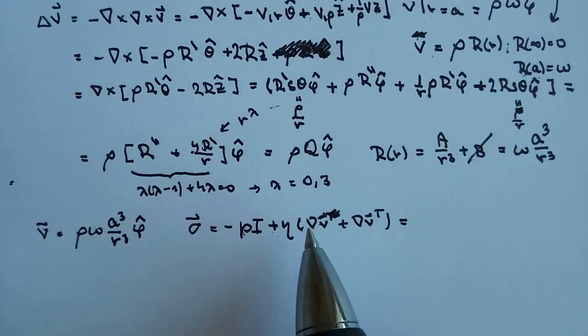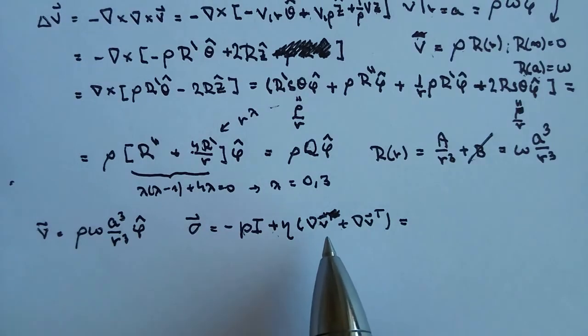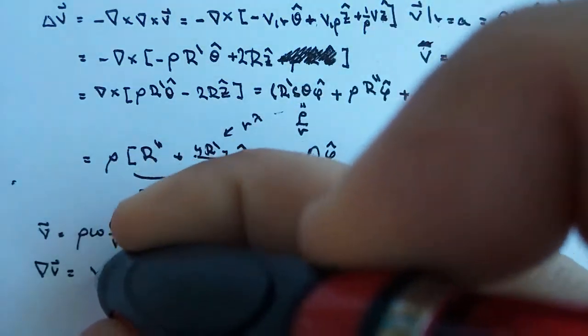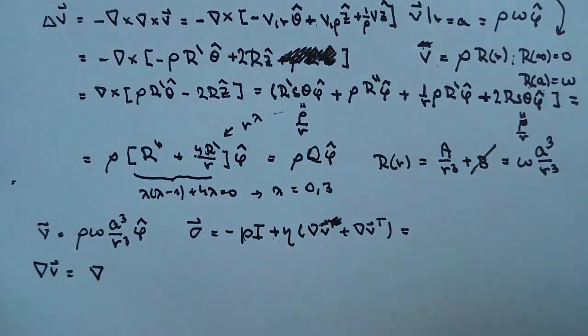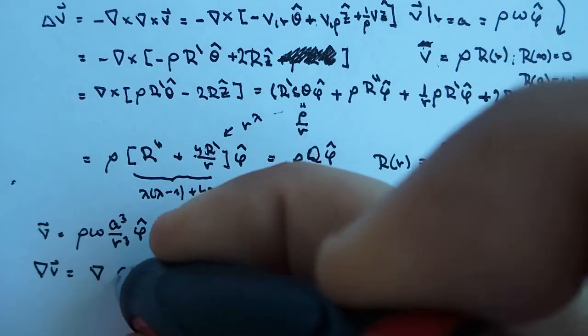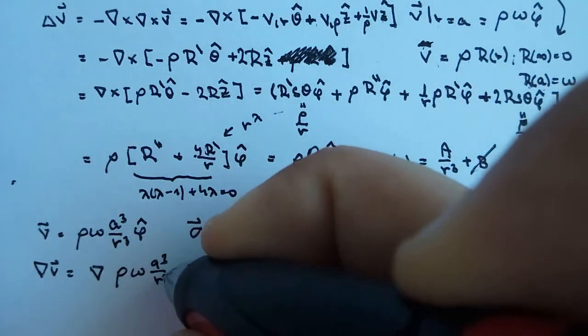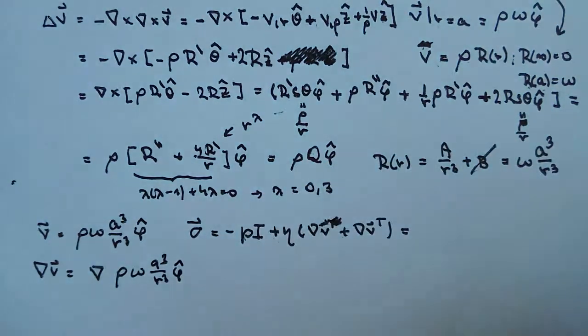So we have to compute the gradient of V. Let me do this. It's simple. It's the gradient of this function: rho omega a cubed over r cubed phi hat. This is really easily computed, because you have to compute nabla rho, nabla of 1 over r cubed, and phi hat.